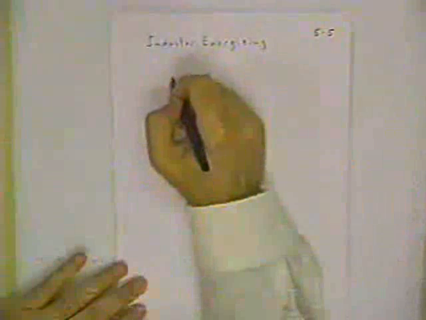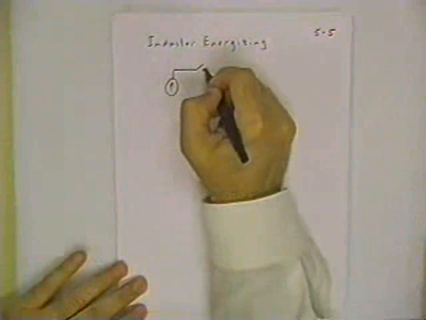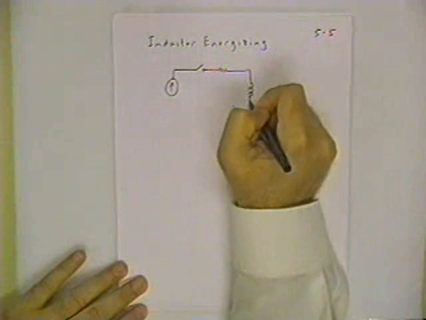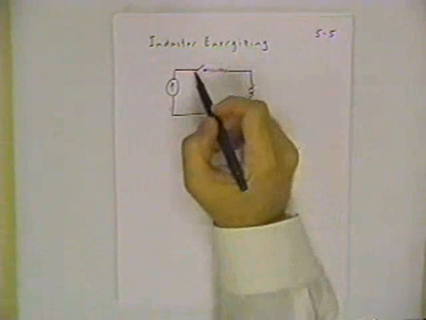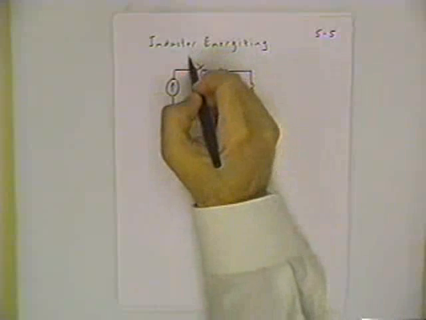Now you have a companion problem, which is what happens when you connect a current source to an inductor through a resistor. And what I want to do now is just show you the circuit and give you the result, because it's very similar to what we did before. I'm showing this symbolically with just the single pole switch.